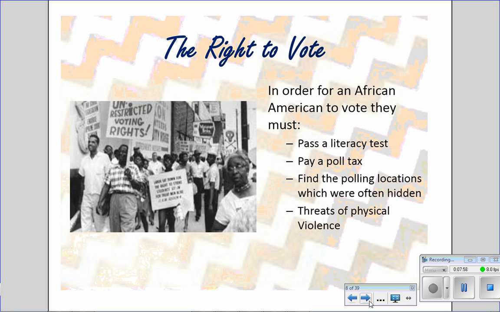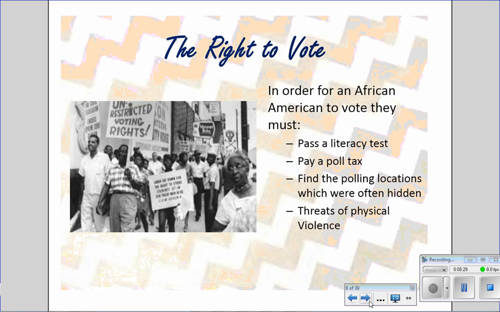And the literacy tests, as you guys have learned before, were sometimes really, really unfair. They were given very complicated readings that would be difficult for anyone to read, let alone somebody who had been denied access to education, as many African Americans were. Sometimes the poll tax was really a lot of money, and at that time people were not allowed to have the same kind of jobs that white Americans were allowed to have, so they sometimes didn't have enough money.